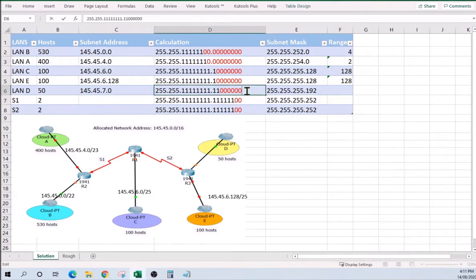I have taken 6 bits on the 4th octet. When I calculate the subnet mask, the value would be 255.255.255.192, and the range would be 256 minus 192, which would come as 64. Let me write down the network address for LAN D: 145.45.7.0/24 plus 2 more, so that will be /26.